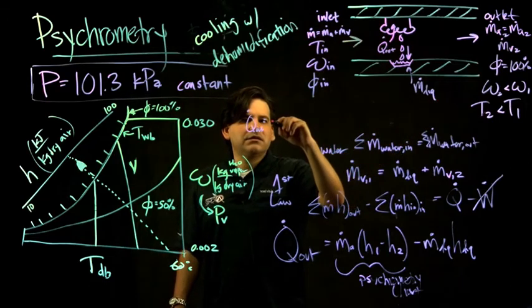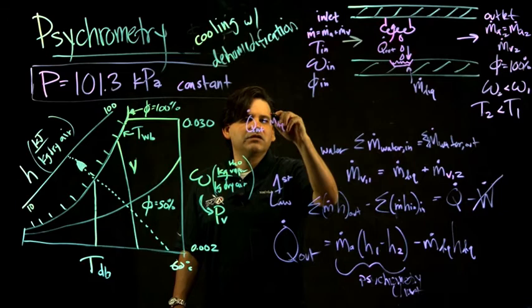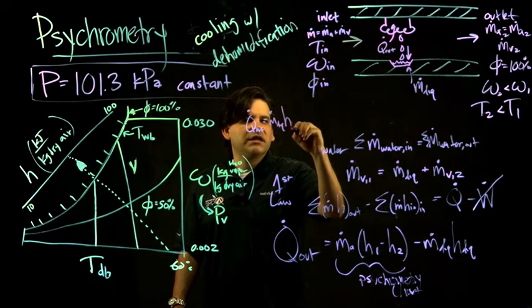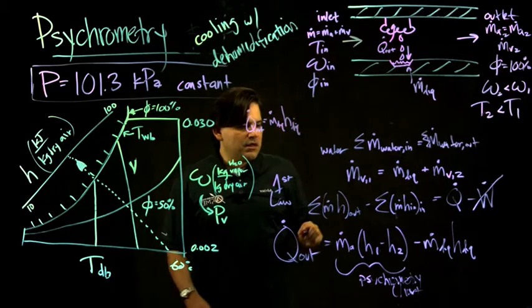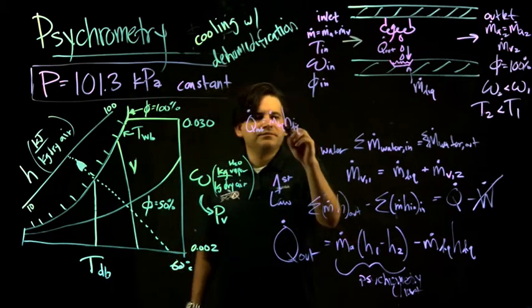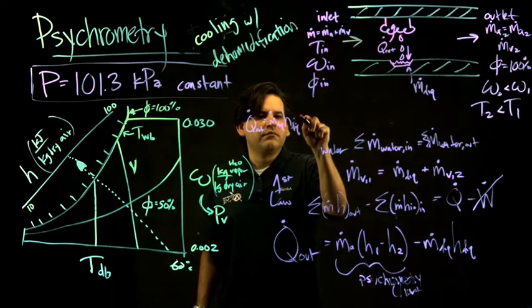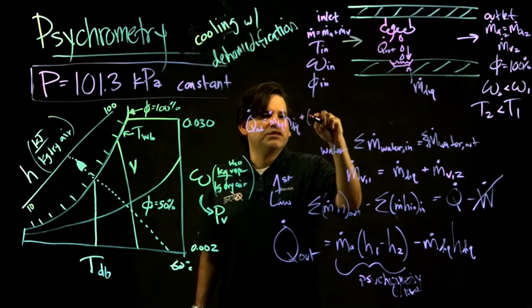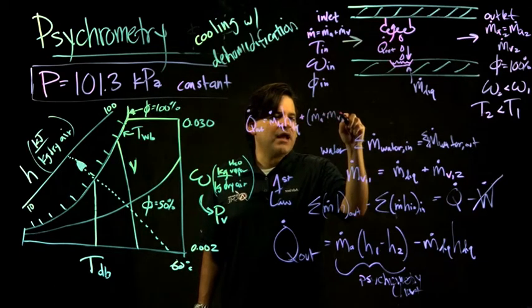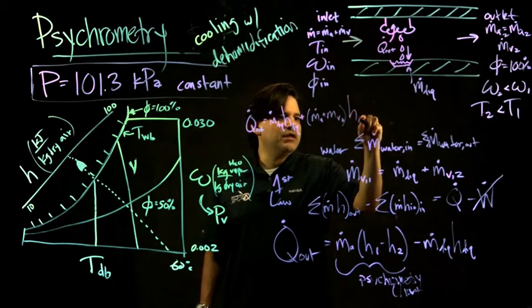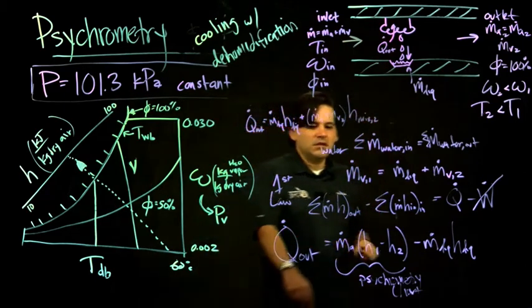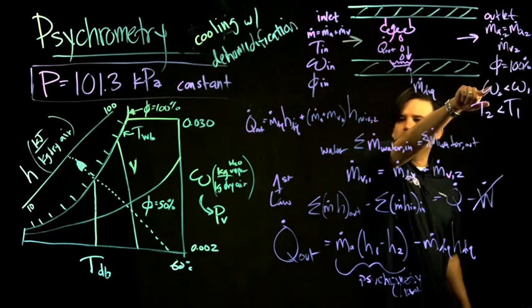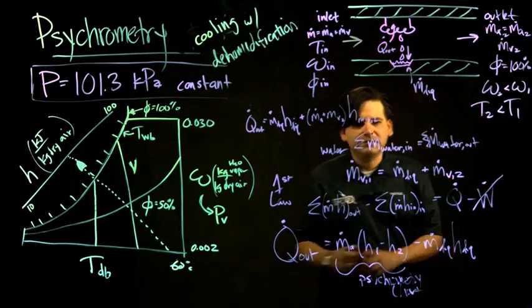So that liquid water would stay the same. There's some flow rate of liquid water times the enthalpy of the liquid water. So this is all water properties. But there's another stream coming out, which is the mass of the dry air plus the mass of the vapor at the outlet times the enthalpy of the mixture at the outlet. So that's what's here. That's true. It's just harder to analyze.